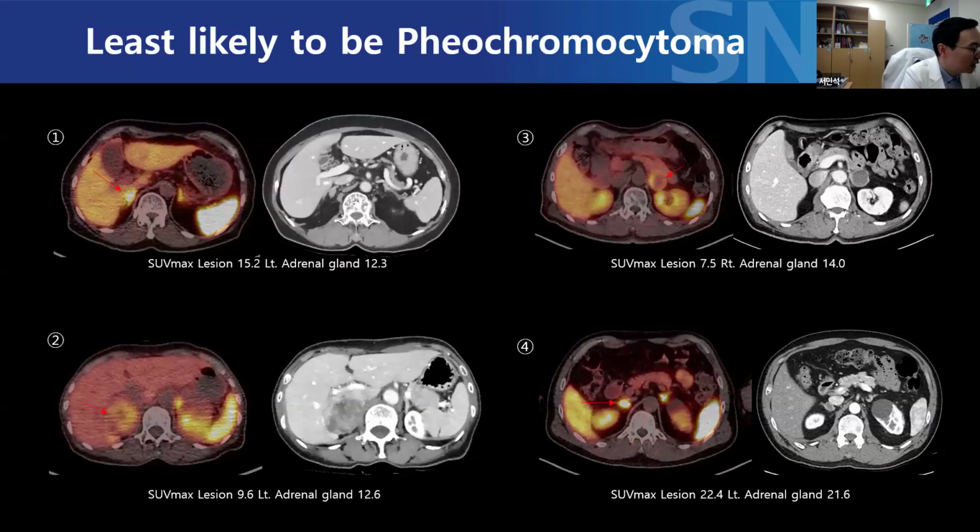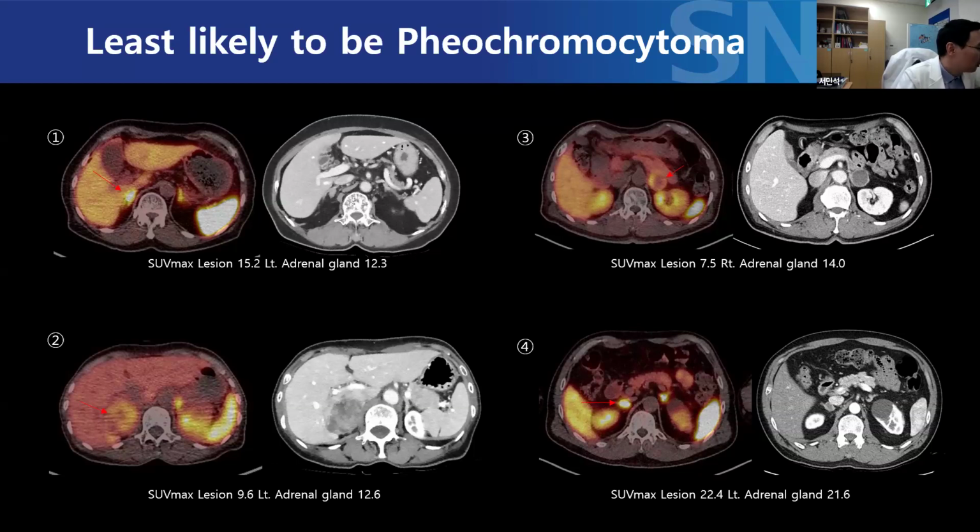Next, four scenarios are given for patients who had adrenal lesions on the imaging. What might be the least likely pheochromocytoma? You can see here each adrenal lesion with its SUV, and the normal contralateral adrenal gland uptake is also written.